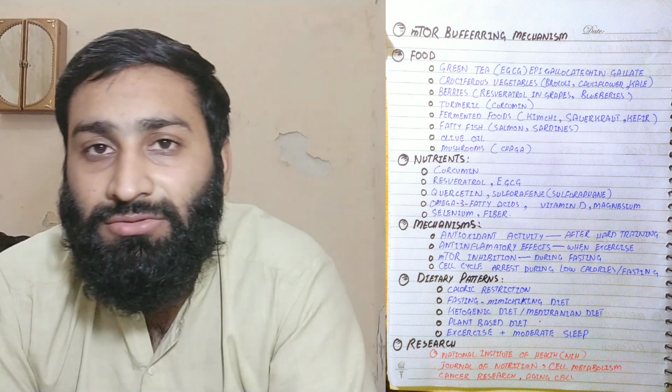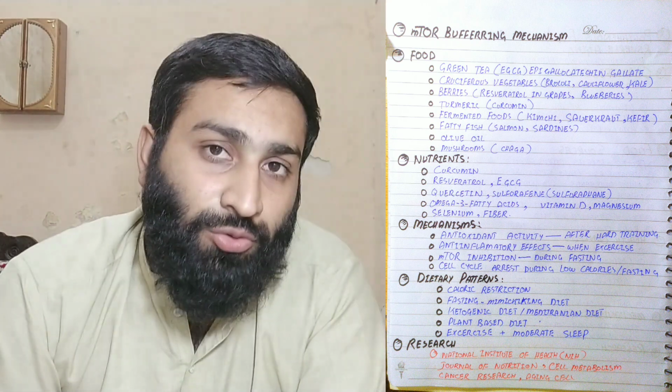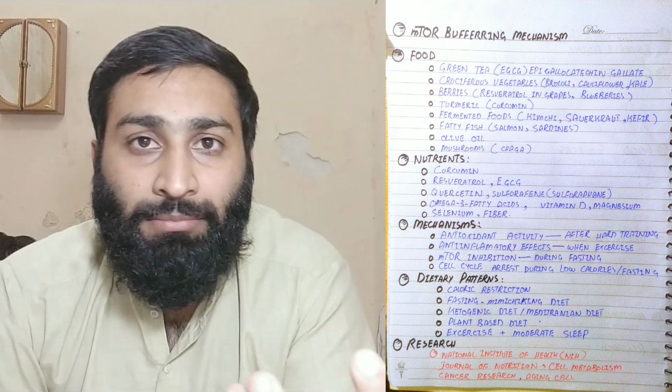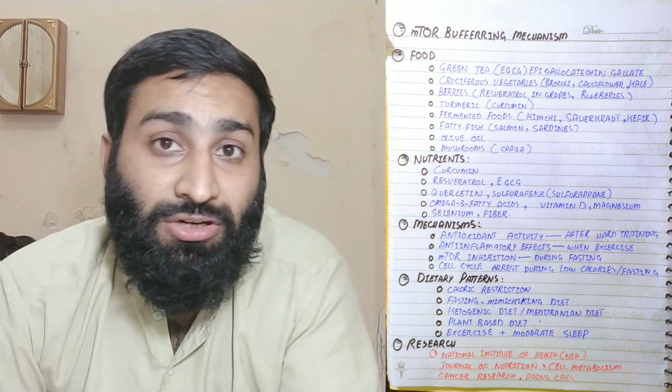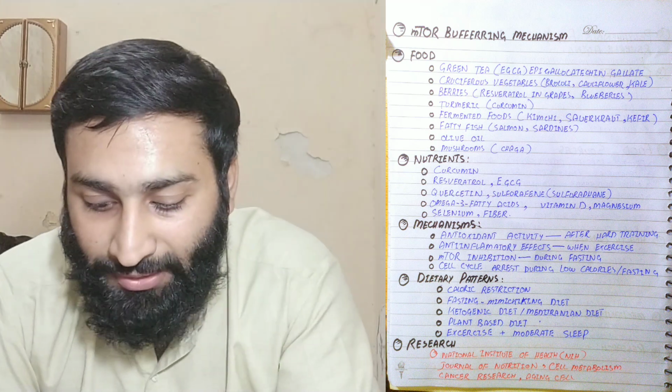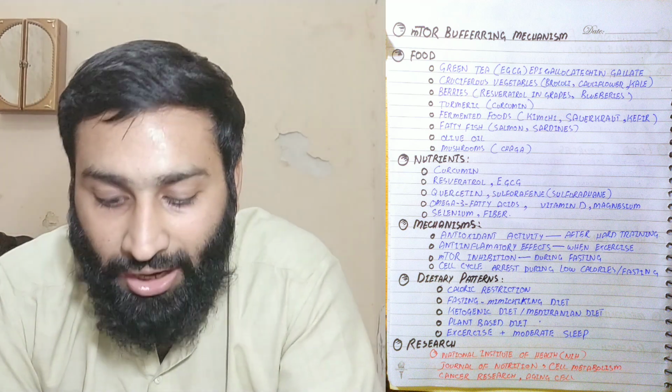I am not suggesting that you use this type of drug, but you should prevent mTOR progression naturally. The ketogenic diet is natural, so you can prevent it that way, and the Mediterranean diet also.